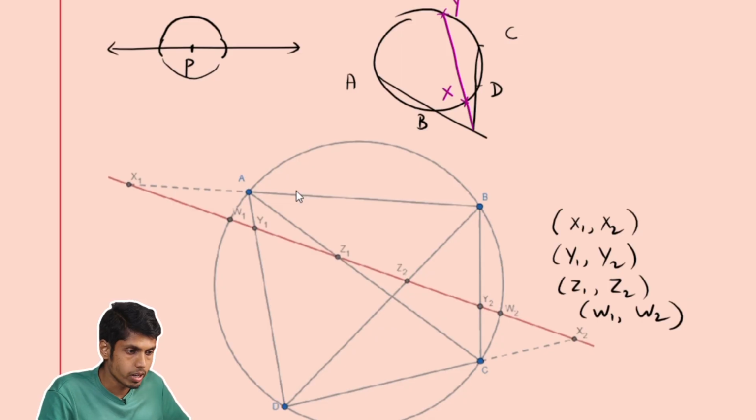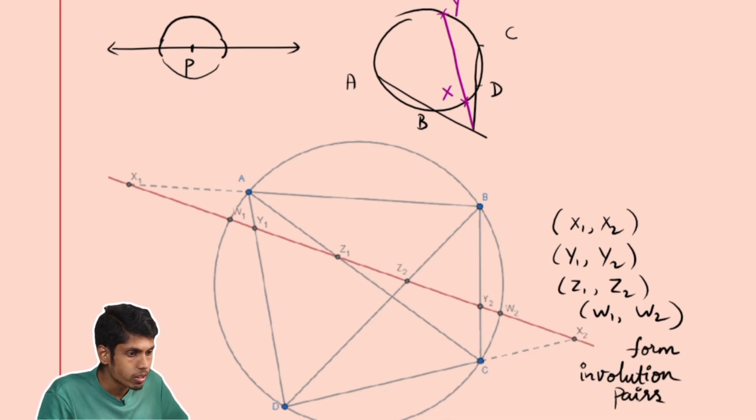I know that 2 pairs define an involution and it will be true that the 3rd pair will form an involution pair. And I'm going to strike w1, w2 because if the quadrilateral is not cyclic, you can still apply the Desargues involution theorem. The derivation is similar to the actual derivation.